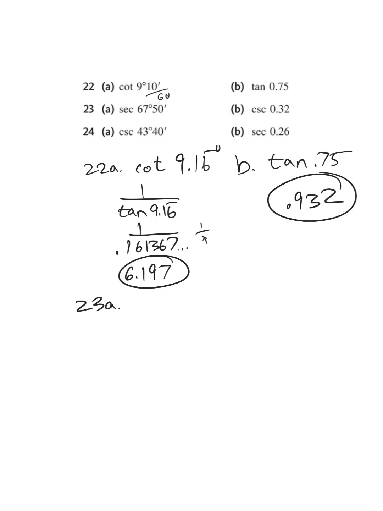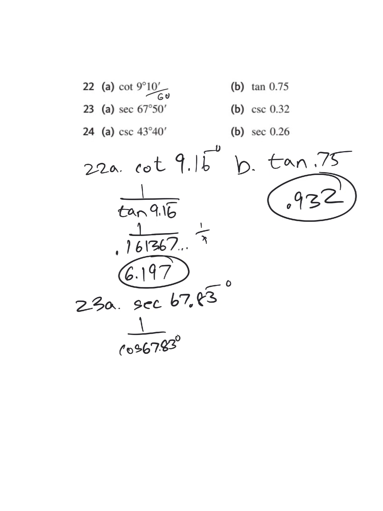23a. 23a is the secant of 67, and 50 minutes, 50 divided by 60 is 0.83 repeating, and this is degrees. So we need to figure out secant. Secant goes with the cosine. So 1 over the cosine of 67.83 is the same thing.